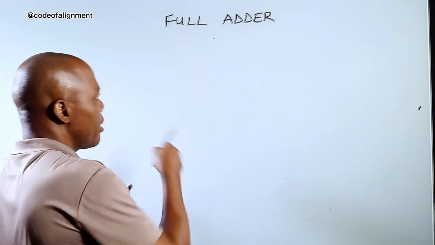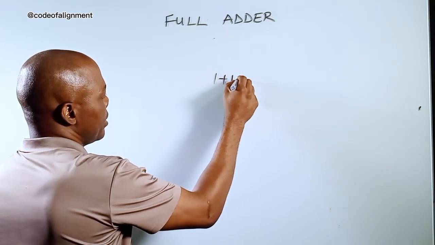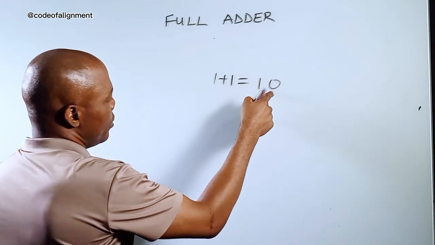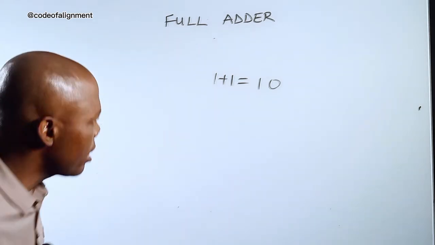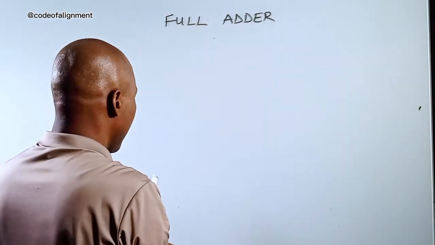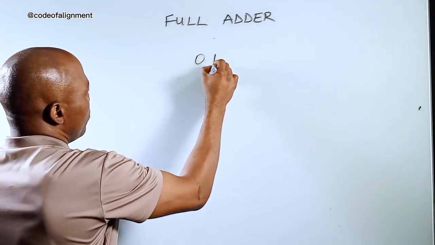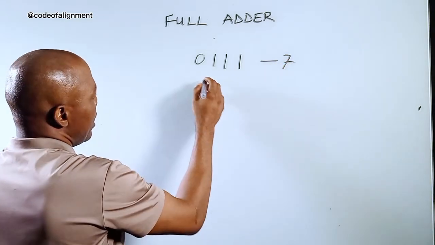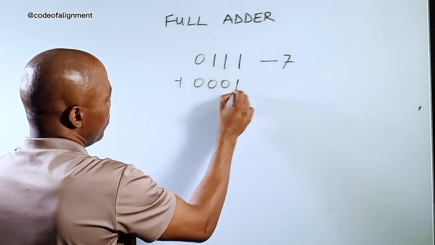Now, what the half adder did was just to add 1 plus 1 equals to what? 2, which is 0, and you carry 1. Well, what if I want to add something like 0111, this is 7, right? And then plus 0001.